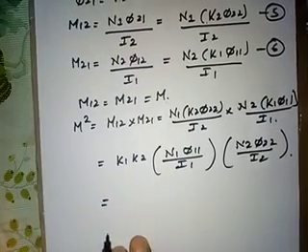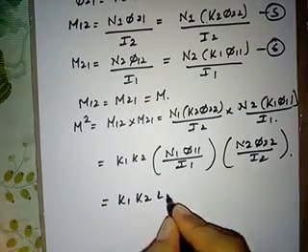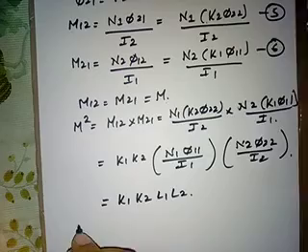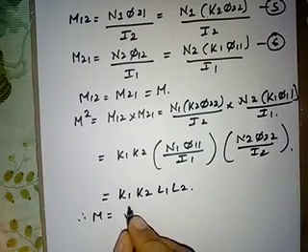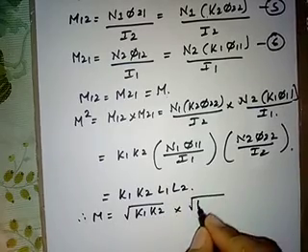So this is nothing but K1 K2 times, what is N1 phi 11 by I1? It is L1. N2 phi 22 by I2 is L2. Therefore M will be equal to square root of K1 K2 into square root of L1 L2.